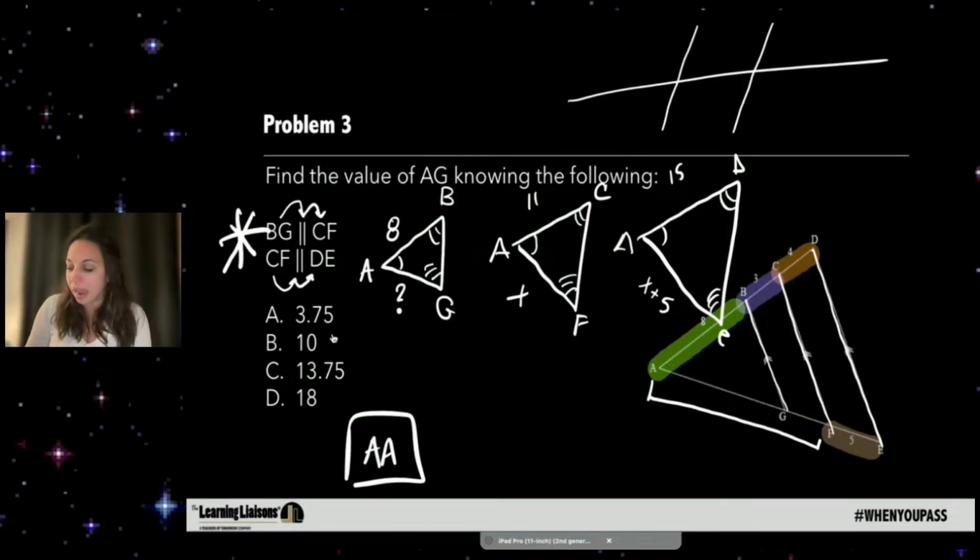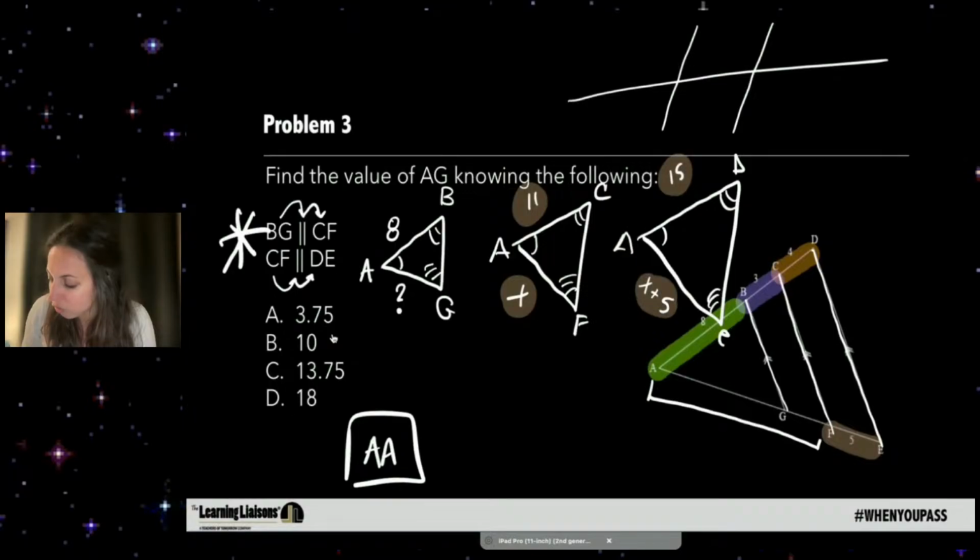Okay. Now, I'm going to do 11 over 15 equals X over X plus 5 because the proportions are equal to each other in similar triangles. So 11 over 15 equals X over X plus 5.